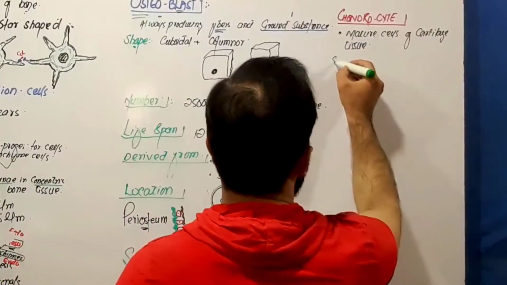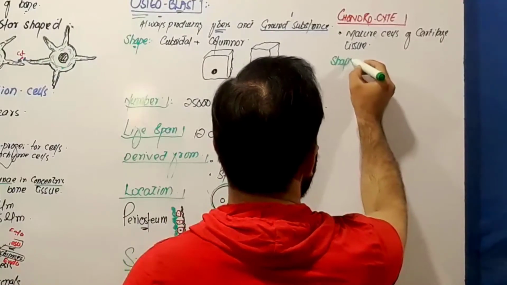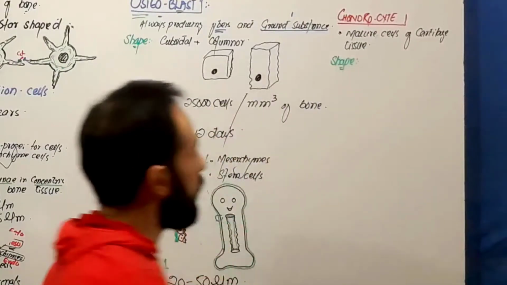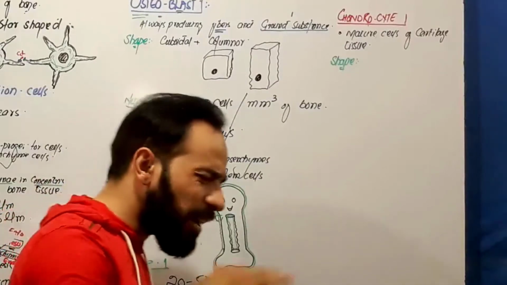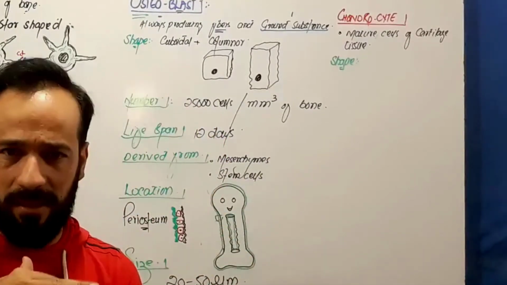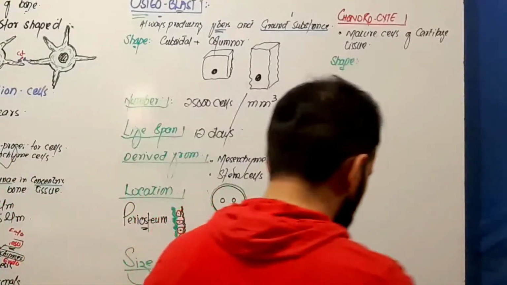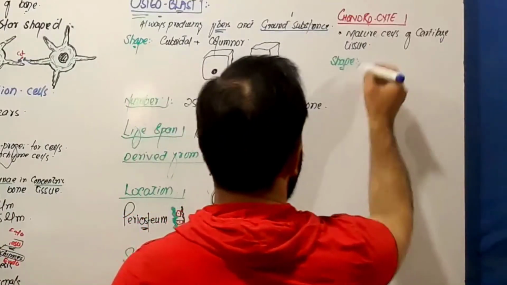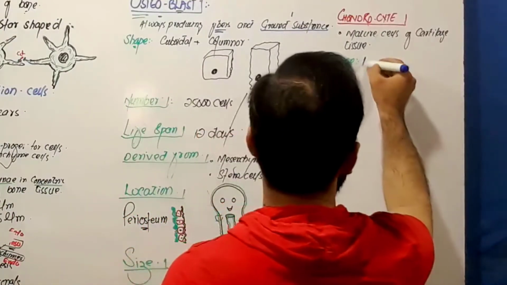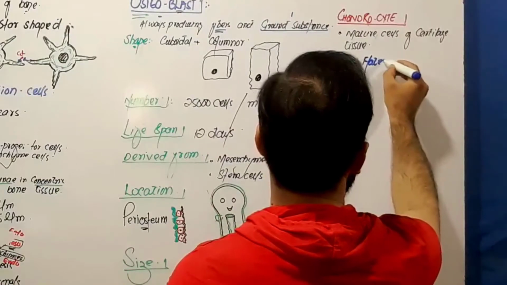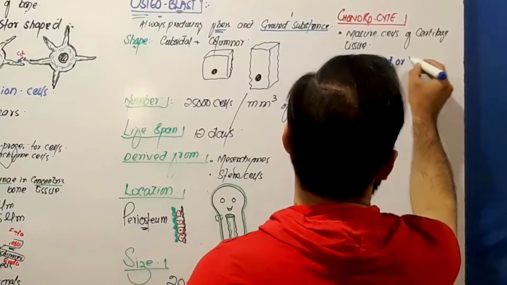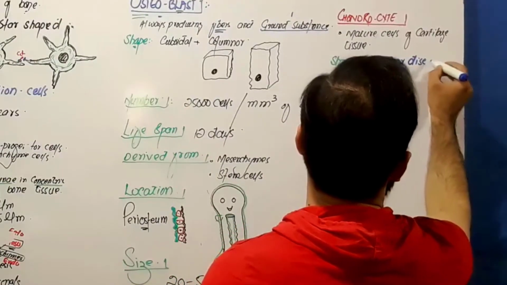What is the shape of these cells? The chondrocytes, what is their shape? So they are somewhat flattened cells, right? So we say the shape of these cells is flattened, or we say they are disc shaped.